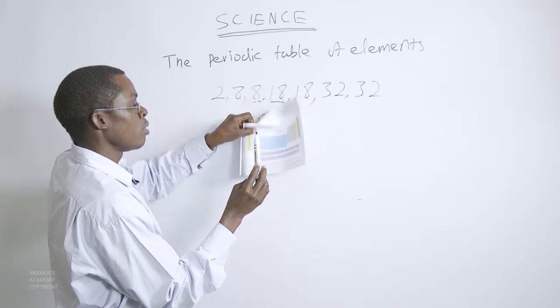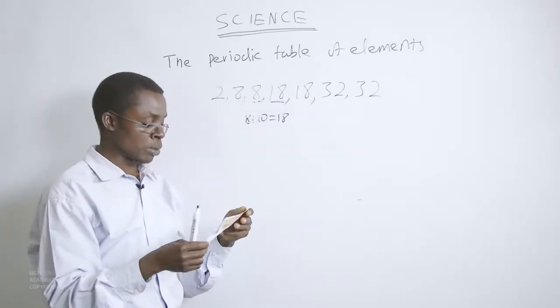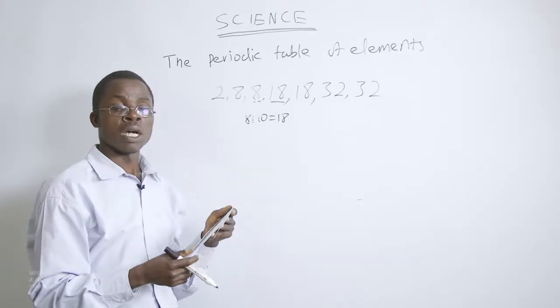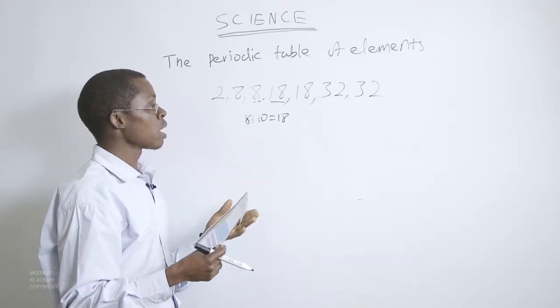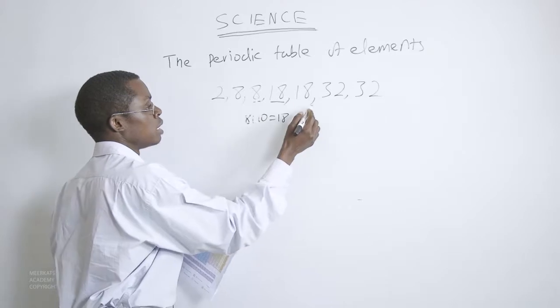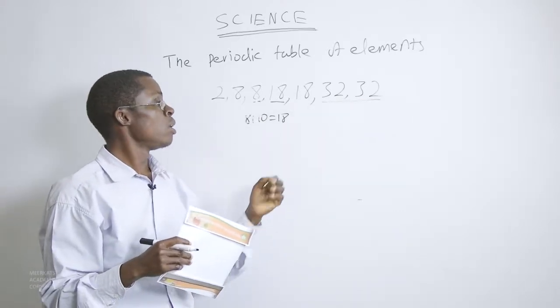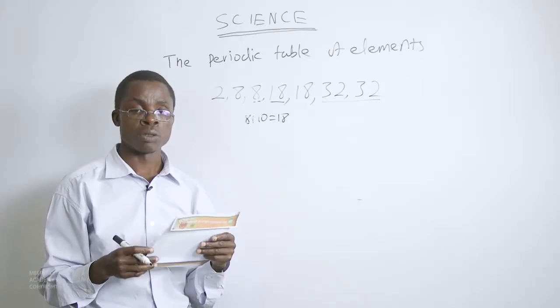So the periodic table has 18 columns and 7 periods. 18 columns and 7 periods. One can easily ask, why choose 18 and not 32? And yet we can see from our electronic configuration, we have up to 32.